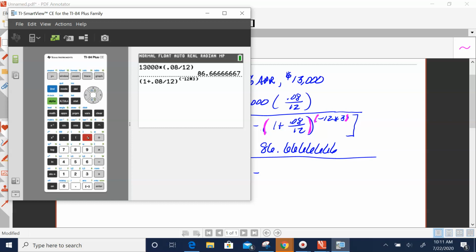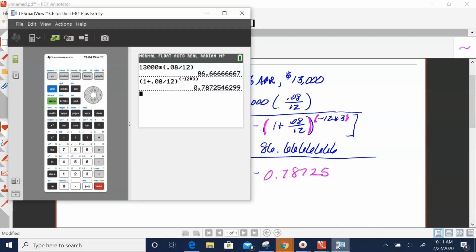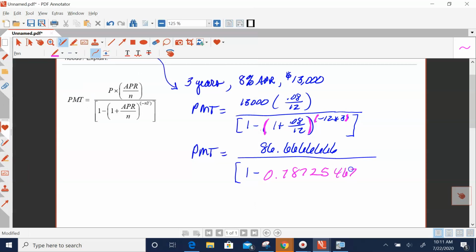This is going to give me the value behind that 1 in the denominator. I'm going to write out as much of it as I can: 0.78725, 46299.